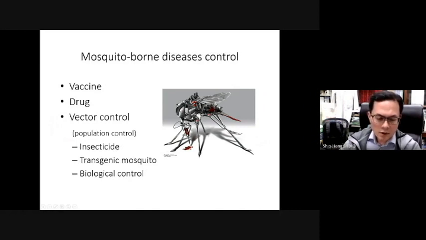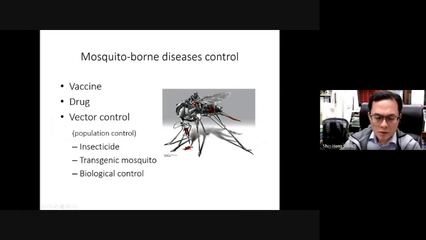Most local governments make use of insecticide spraying as the control approach. However, the overuse of insecticide increases the resistance of mosquitoes to insecticide. To overcome this problem, several alternative approaches, such as transgenic mosquitoes or biological control, for example the Wolbachia-based approach, have been developed.